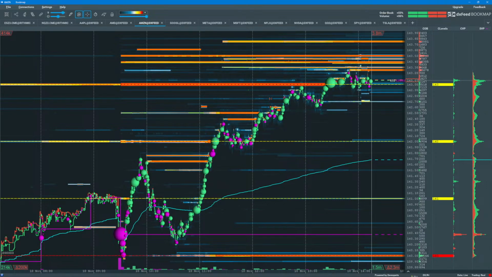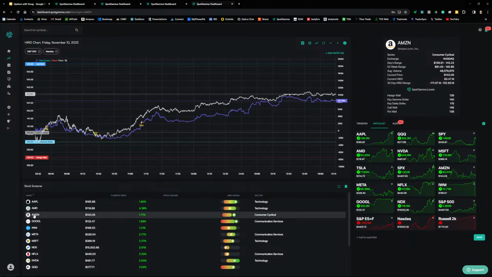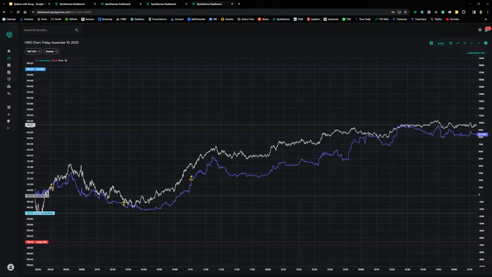Let's take a look at Hero and see what options traders have been doing. Go to Amazon. 140, the key gamma strike, acted as support this morning. So here's that support.